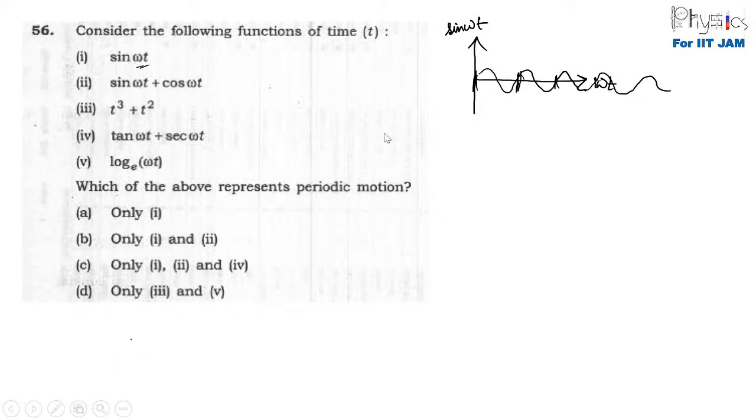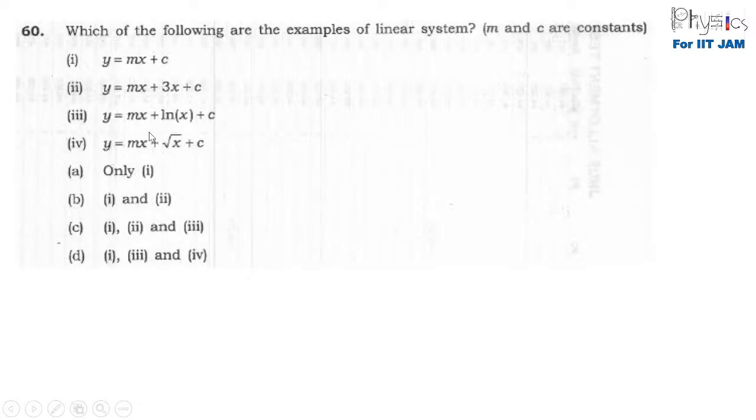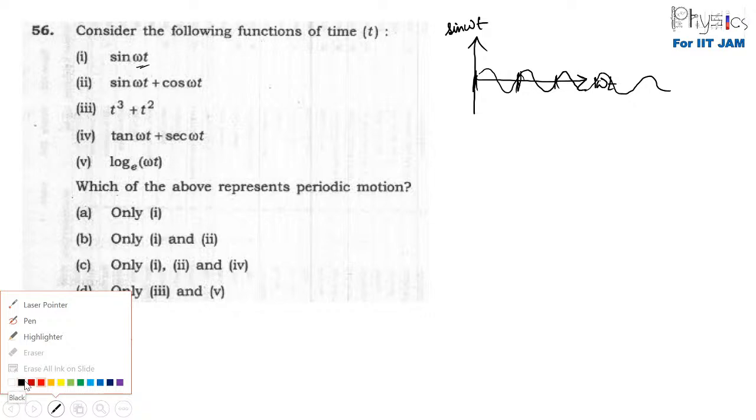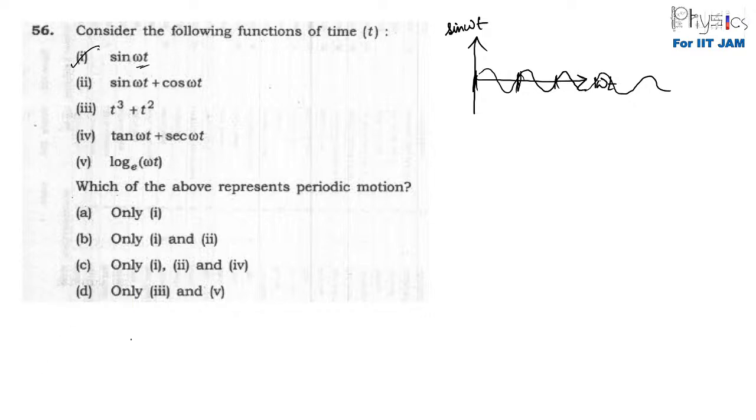So from here we can understand that these three functions, that is 1, 2 and 4, all of these are periodic in nature.